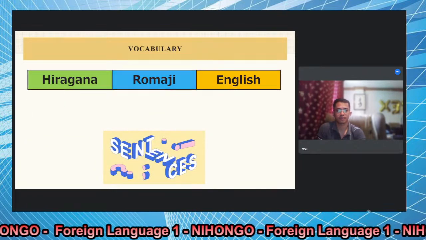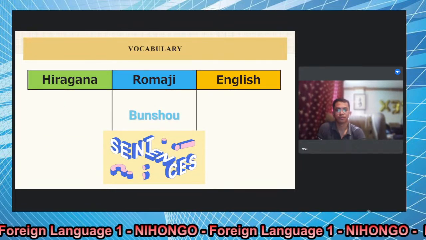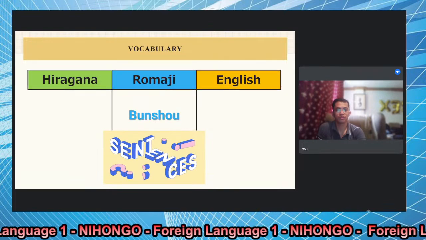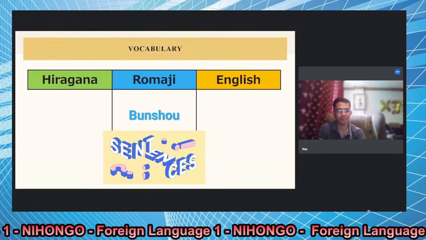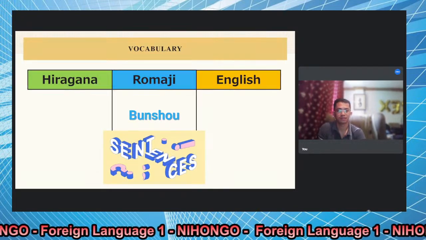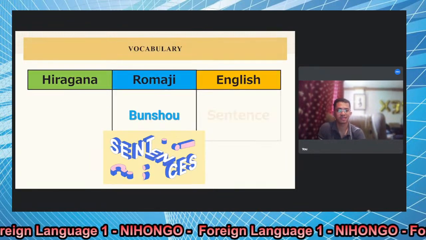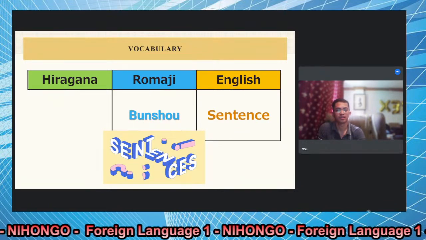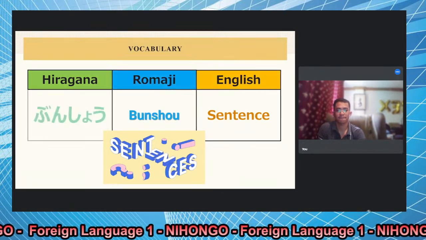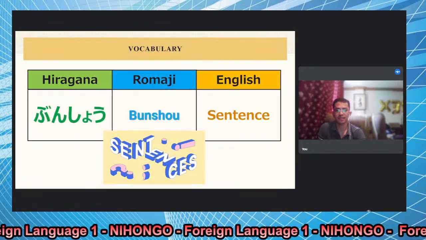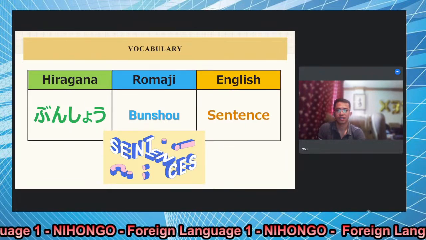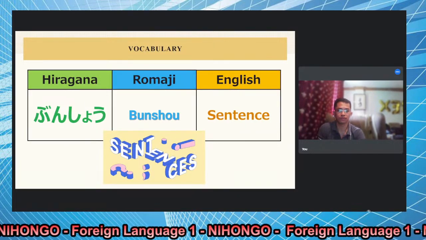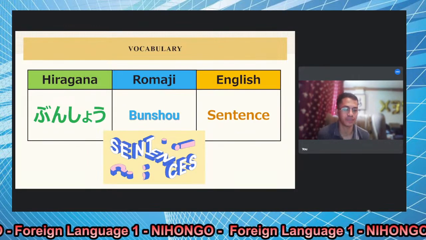Next word. Bunsho. Bunsho, hindi yan yung nakababatang kapatid, ha? Bunsho is sentence. Okay? Bunso yun. Bunsho is written as fu plus tenten, n, sho, u. Okay, may nakita na naman kayong panibagong sound.